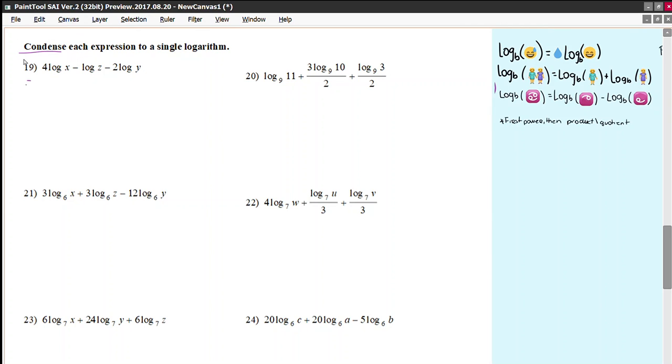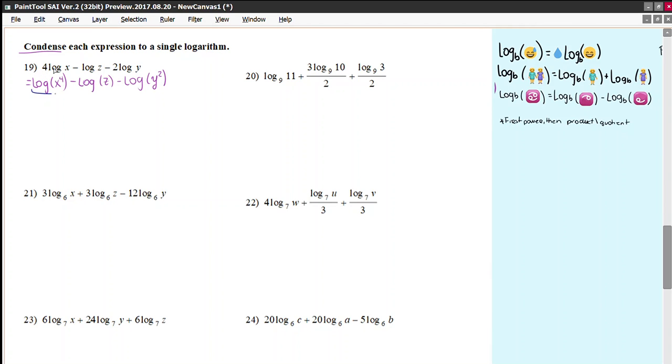So this is logarithm base 10 of x to the power of 4 minus logarithm base 10 of z minus logarithm base 10 of y squared. Now I can start applying the quotient property.